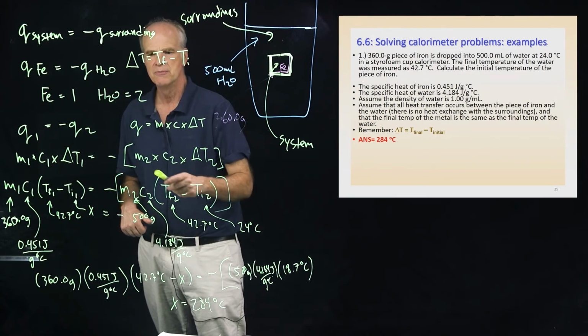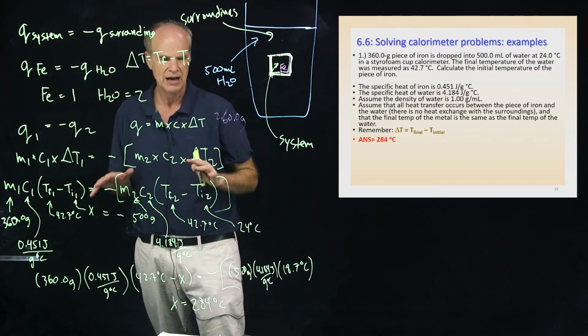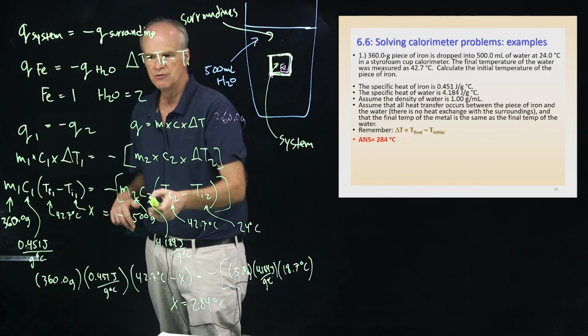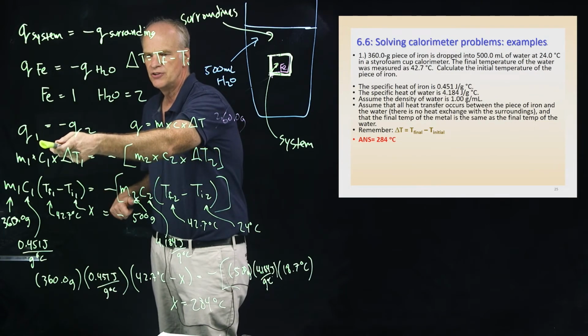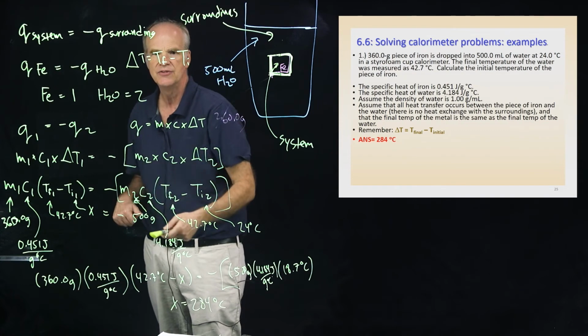And also remembering don't forget about the negative sign. For example, with the Q of the water, a lot of people tend to forget about the negative sign, and so they'll get a wrong answer. So remember, the Q of the metal is equal to the negative Q of the water. If you remember that the Q of the water is negative, that will help a lot.